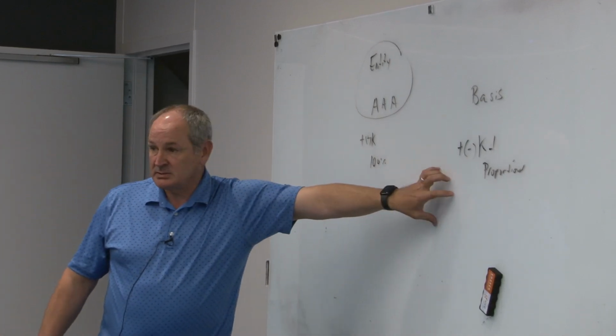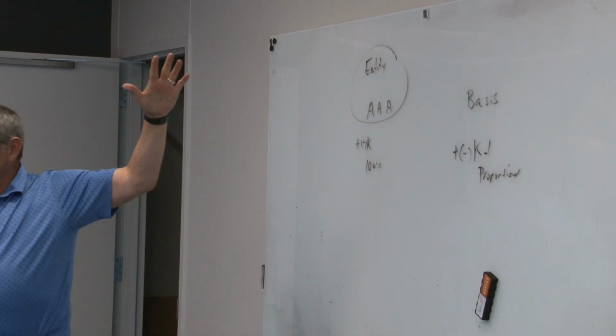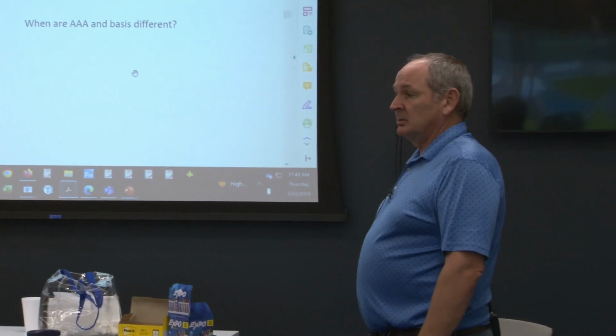But the items that adjust AAA up and down are the same items that adjust basis up and down. There's such parity between those two that it's hard to separate them as two different concepts. So the question I'm asking: when are AAA and basis different?